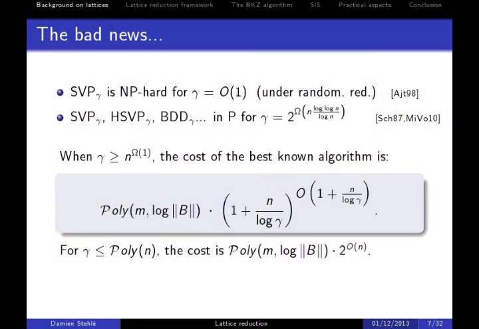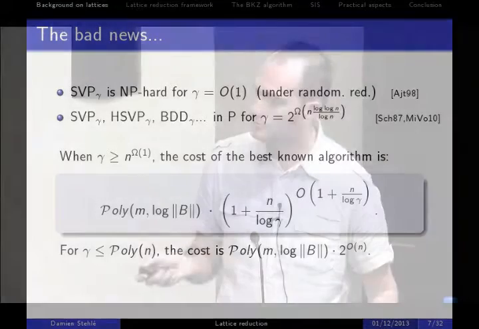Okay, and when gamma is polynomial in n, the cost of the best known algorithms is, m is n, so that's a typo, poly of n times log b times (1 + n over log gamma) to the (1 + n over log gamma). So for gamma polynomial in n, this is exponential in n over log gamma.